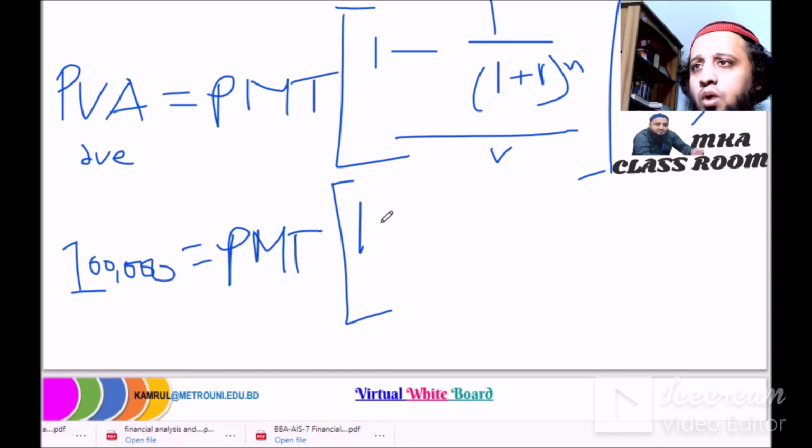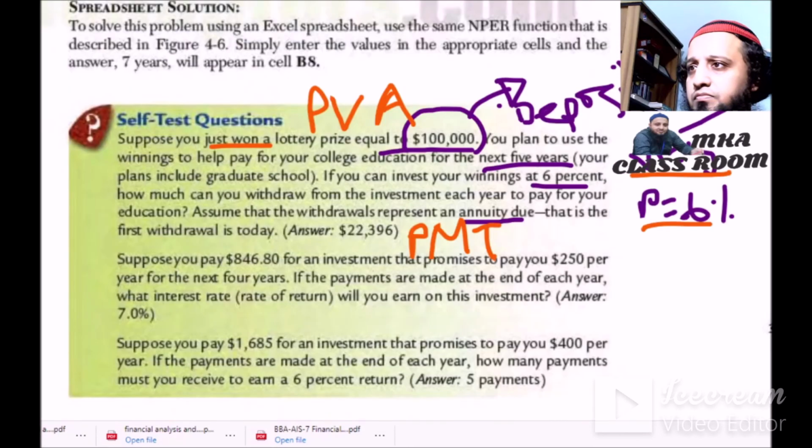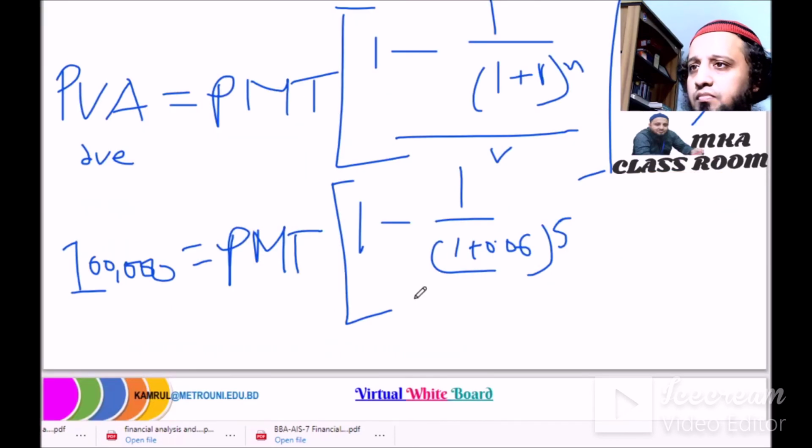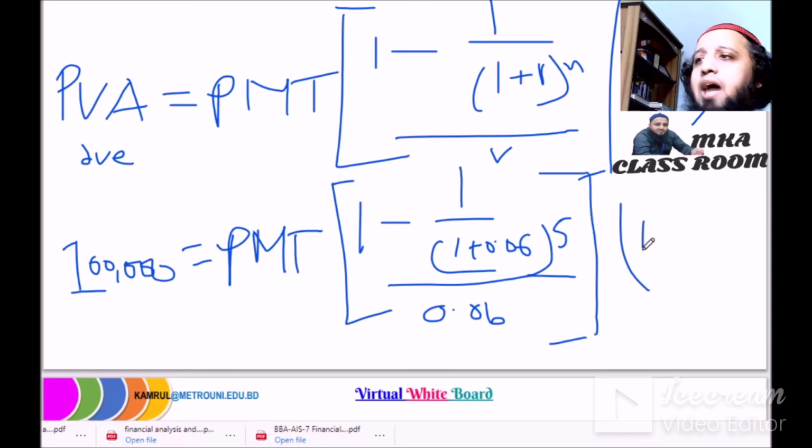1 minus 1 by 1 plus 0.06 power 5. Am I sure? Yes. Rate of interest is 0.06. Here it has said it is the annuity due problem, so it should be in this way.